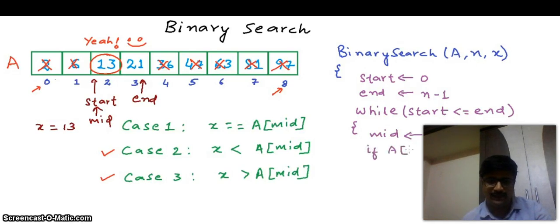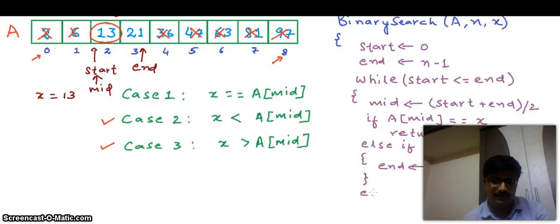If the middle element is equal to x, then our search is over. We return the index stored in the variable mid and exit from the function. If x is less than the middle element, then we need to discard all the elements having index greater than or equal to mid. So our end of the search space now becomes mid minus 1.